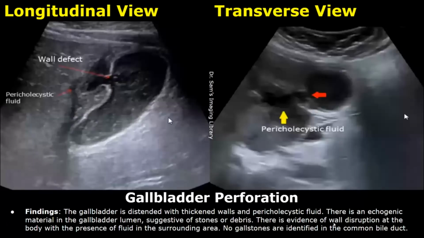Then you must mention the disruption of the wall and the location of the disruption. In this case, it was the body of the gallbladder. And then you must write the presence of fluid in the surrounding area, if fluid is seen outside the disruption.